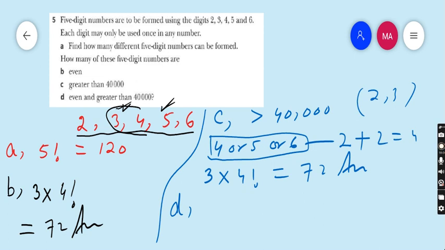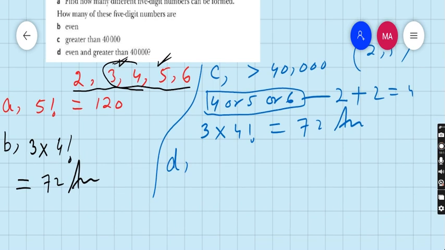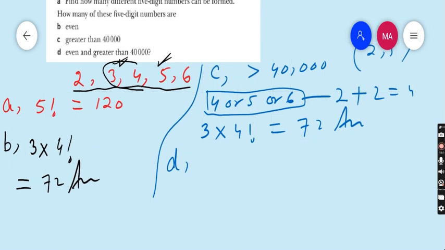Part D, very very important part. Part D is even and greater than 40,000.